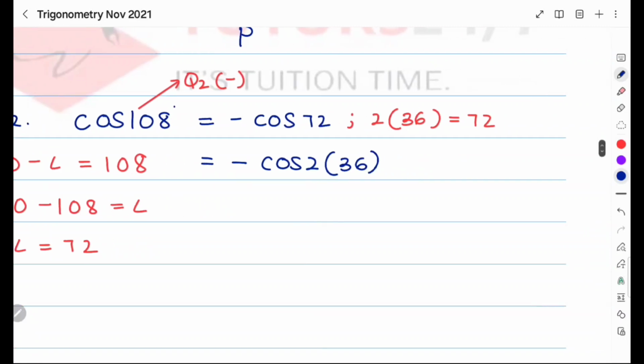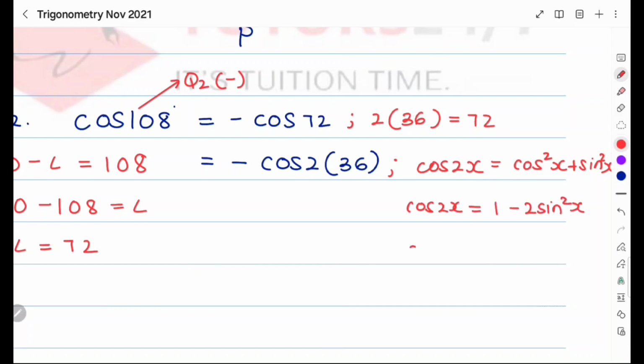We also know that we have 3 double angle formulas. Our 3 double angle formulas are cos of 2x is equal to cos squared of x minus sine squared of x. We have cos 2x is equal to 1 minus 2 sine squared of x. We have cos 2x is equal to 2 cos squared of x minus 1.